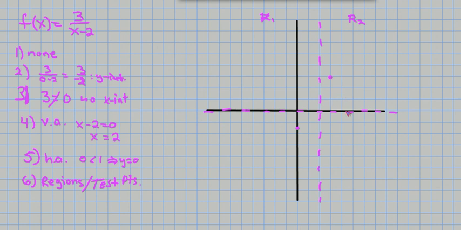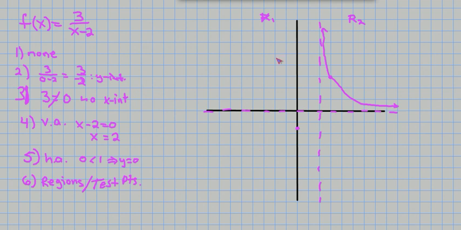So I could pick a few more points to get more exact, but since we're only worrying about sketching this right now, we'll just take that point and draw it closer and closer to the vertical asymptote, and then we'll extend it closer and closer and closer to the horizontal asymptote, but not touching or crossing either one.